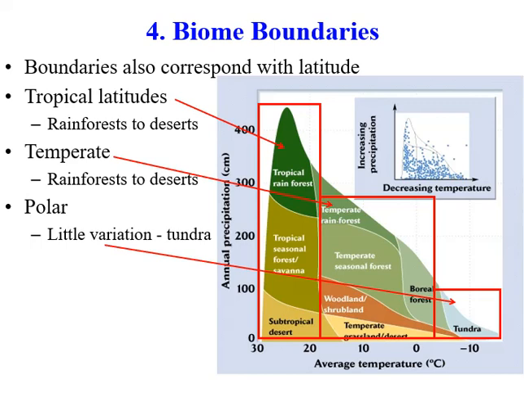If you look in the middle, the temperate temperatures, you've got quite a few biomes. You've got some places where it's a little colder, a little warmer, a little wetter, a little drier, and you've got the temperate rainforest, the temperate seasonal forest, woodland, shrub, temperate grassland, desert, and a lot of the boreal forest.